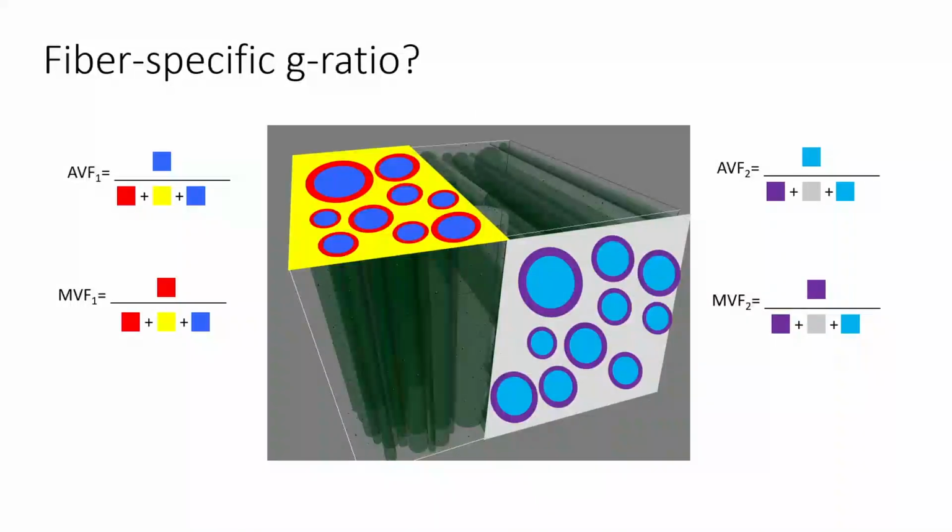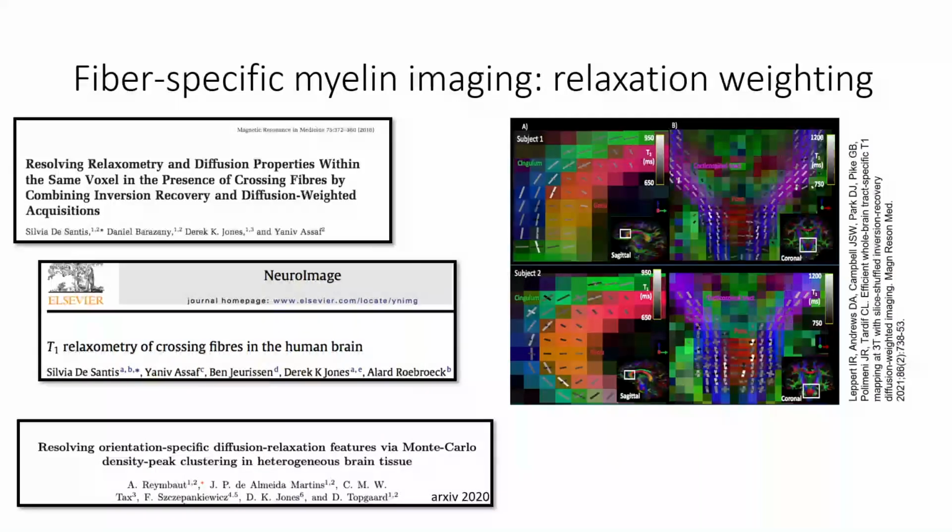If we go back to the volume fraction-based approach, if we want to estimate multiple G ratios in a volume, we need to estimate multiple volume fractions in a voxel. And I'll start with the myelin volume fraction. There's been quite a few recent papers looking at estimating relaxometry parameters, such as T1, along each of multiple crossing fibers in a voxel, shown here on the right.